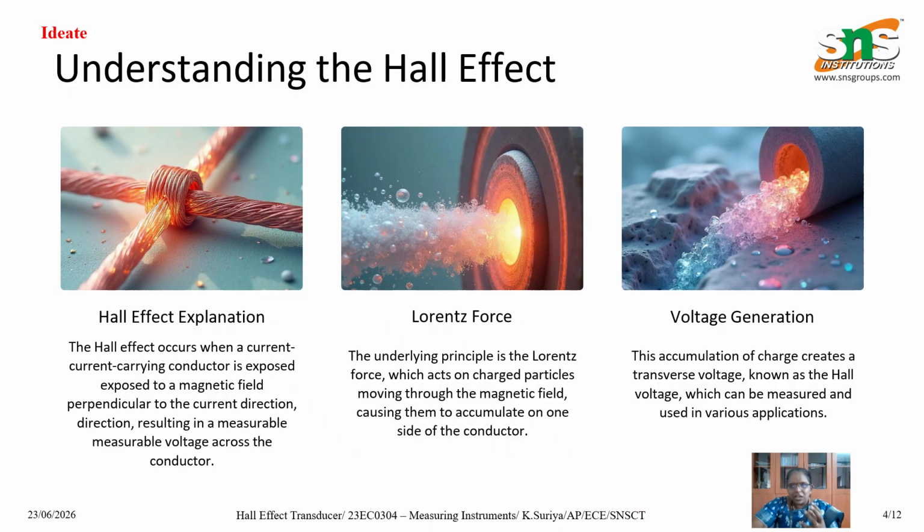As a result, charges accumulate on one side, creating a potential difference across the conductor. This voltage is called the Hall voltage. The magnitude of the Hall voltage depends on the magnetic field strength and the current flowing through the conductor.